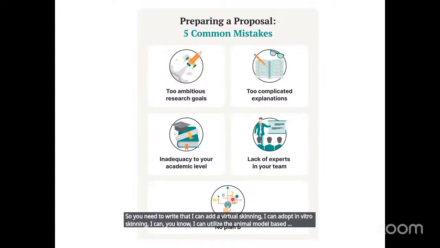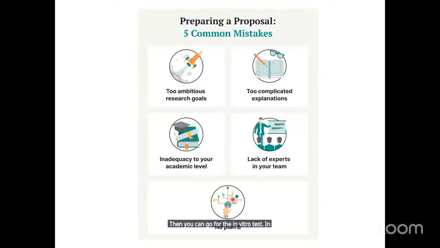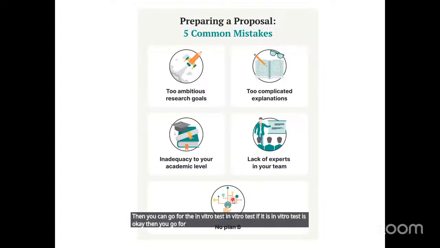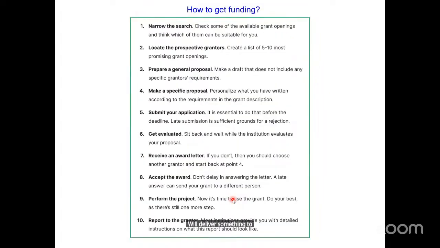That means if your first plan, the virtual screening, fails, then you can go for the in vitro test. If the in vitro test is okay, then you go for the next. So you need to have that kind of confidence to make sure that your project will deliver something to the society and to the funding agency.